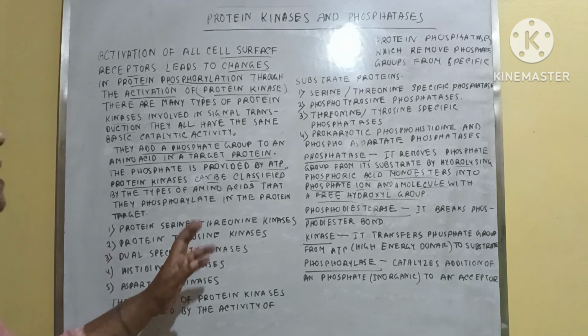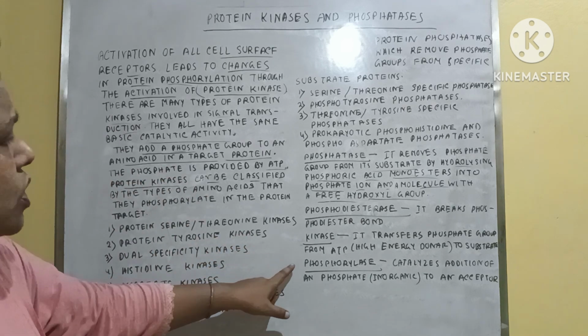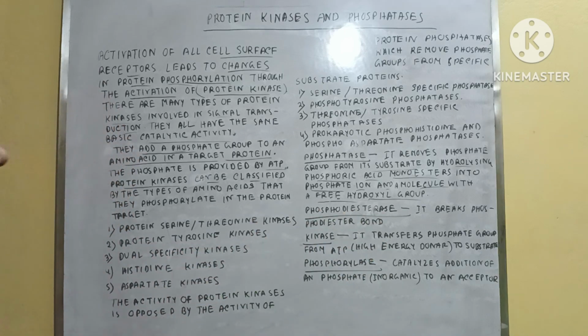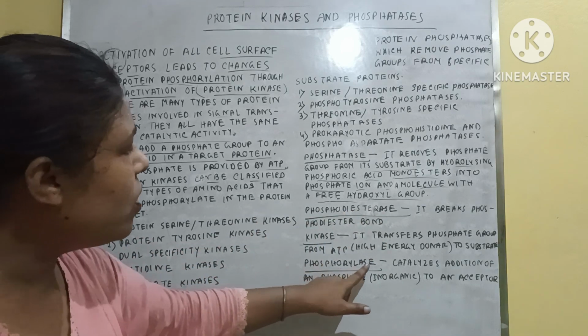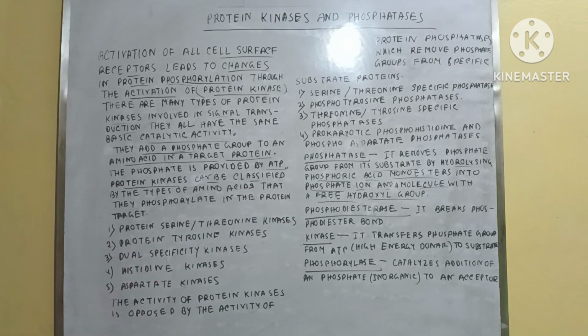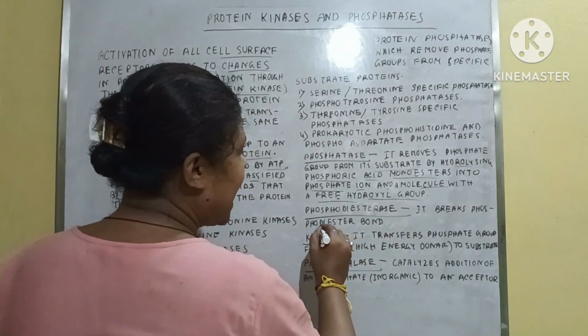Clear? And here there are two others: one is the phosphodiesterase and another is the phosphorylase. Phosphodiesterases break the phosphodiester bond.